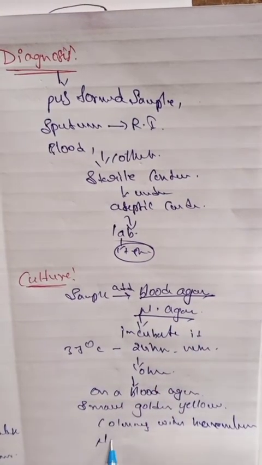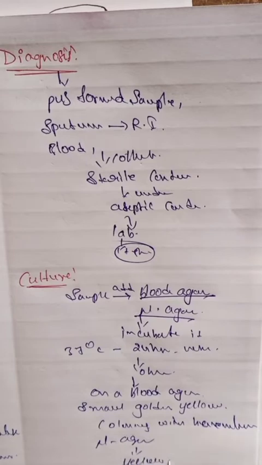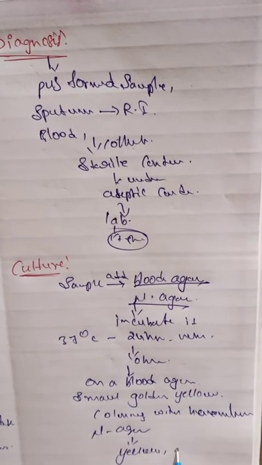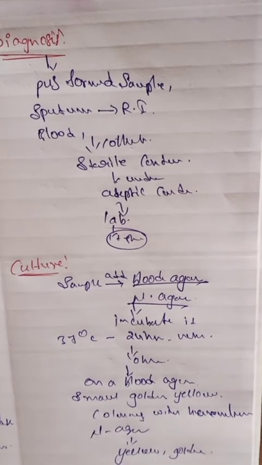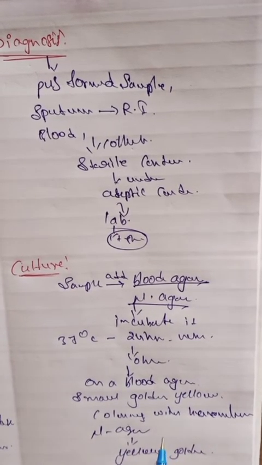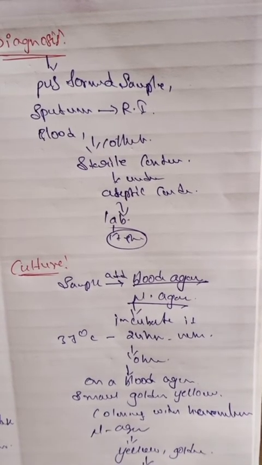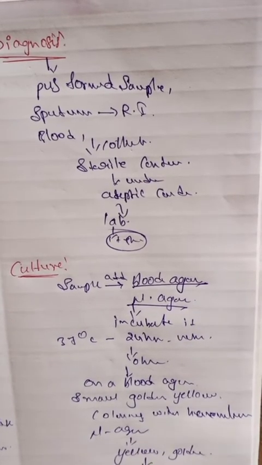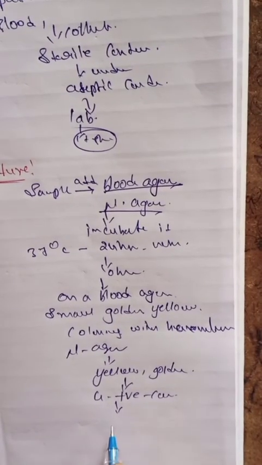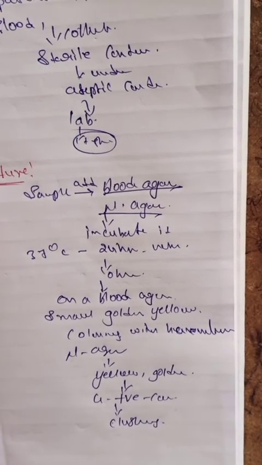In the nutrient agar, it produces yellow or complete golden color colonies. So this is a Gram-positive coccus, seen as a cluster-like structure.